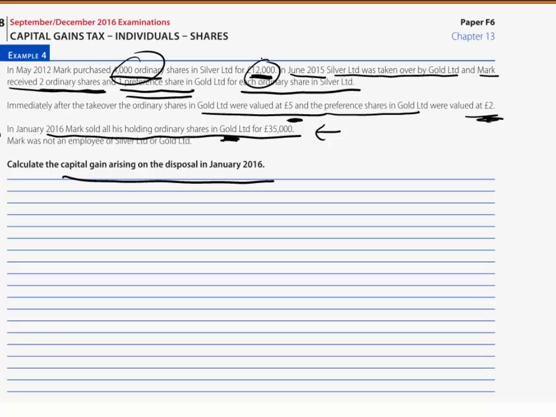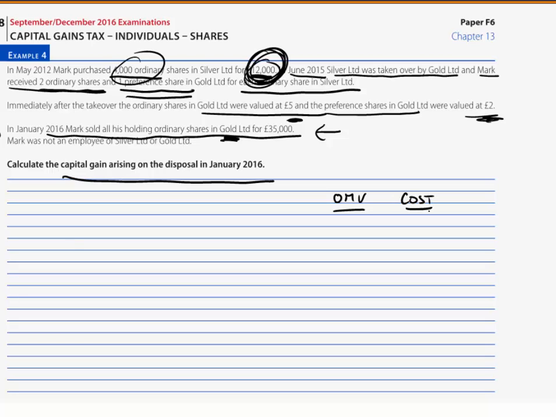What we then need to do is to divide that £12,000 cost of the Silver shares between the 2 types of share then received from Gold, i.e. the ordinary shares and the preference shares. And all we need here is one simple little working. We have 2 columns on the right hand side of the page to record open market value to begin with, and then do our cost allocation.